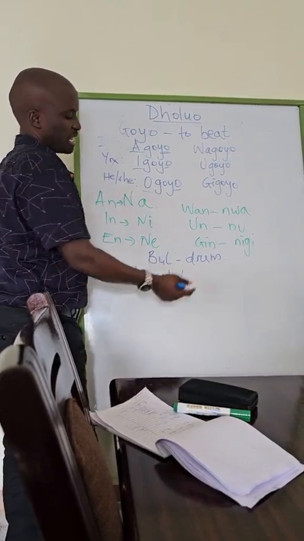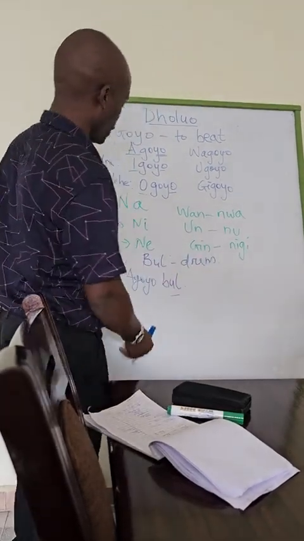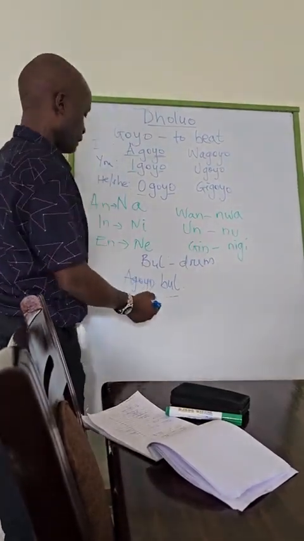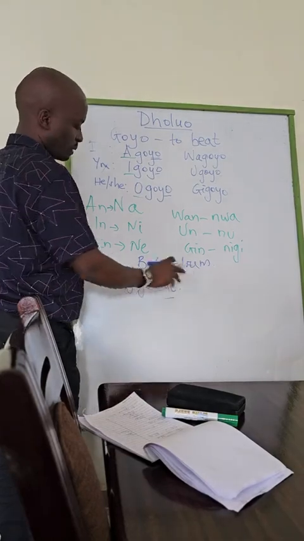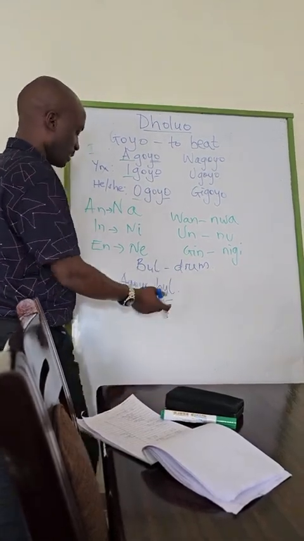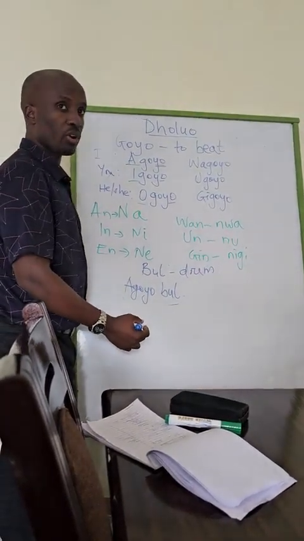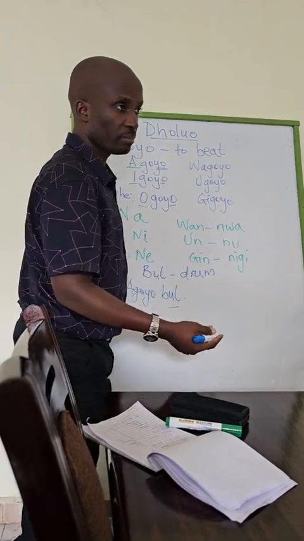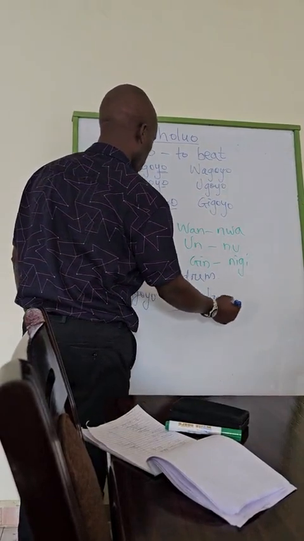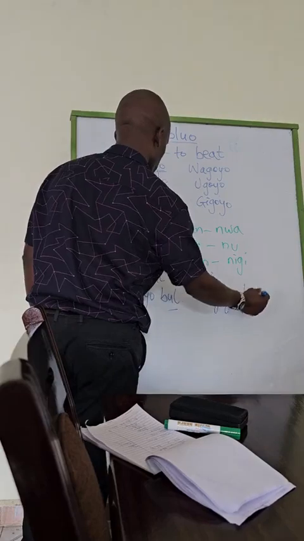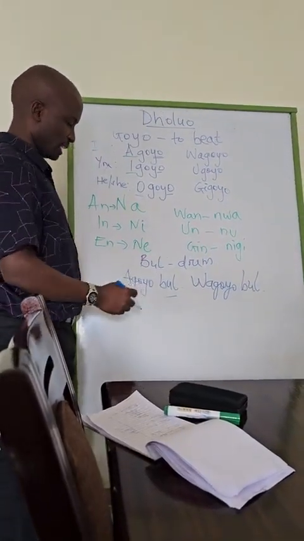Bul is basically either a drum or it could mean drums put together to be played. So agoyo bul. Though the plural of bul is bunde, we don't want to say that. So just say I'm beating the drum. Agoyo bul. And you'd also say we, plural. How do you say we are playing drum? Wagoyo bul. Now, these sentences can be shortened by removing yo.